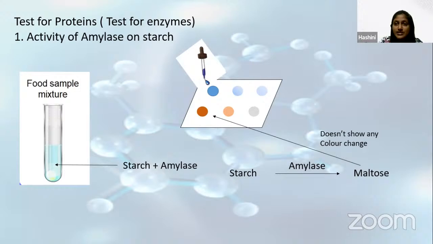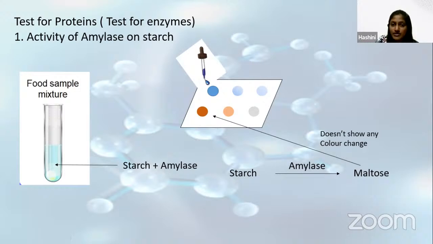It will give a dark blue color, right? So first we take 2 to 3 drops of this food sample onto this porcelain tile, and we add some iodine. Then it will give this blue color, right?